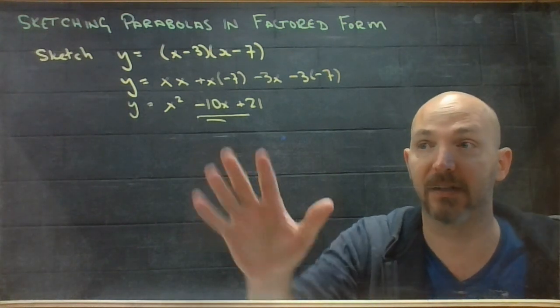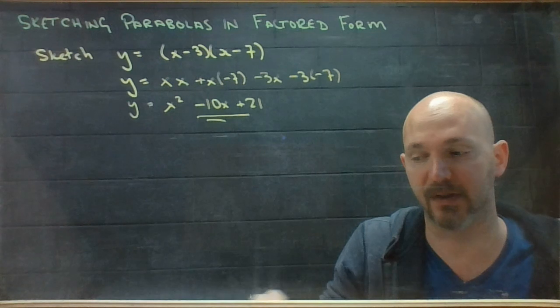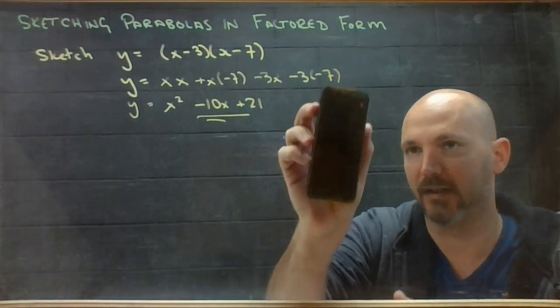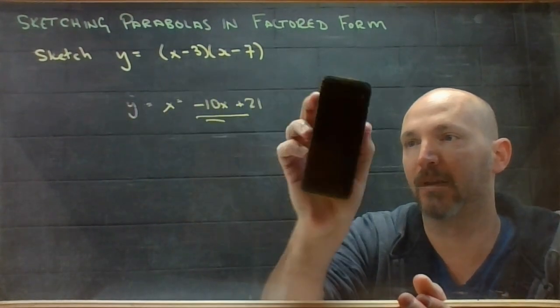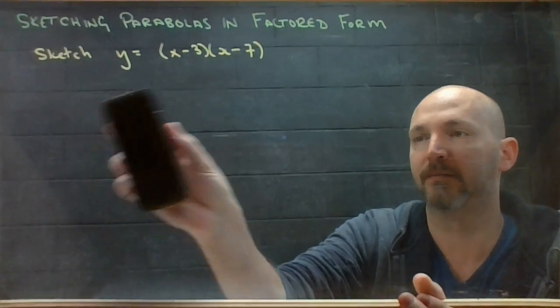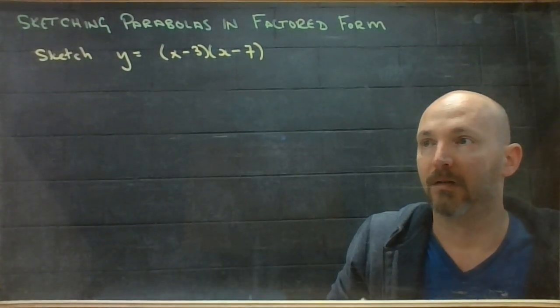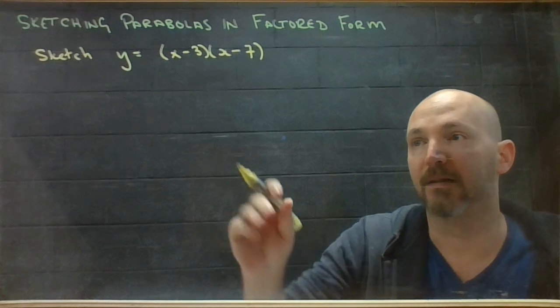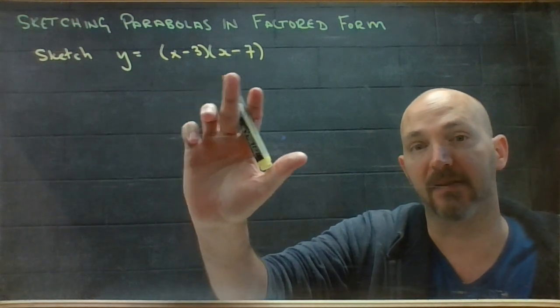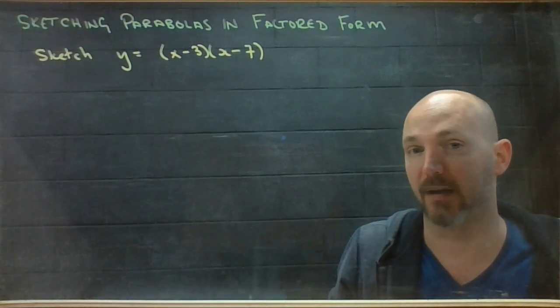So the question is, how do you use this thing to sketch? So just going to clear this out of the way here. And the trick is that these things are showing you where the x-intercepts are.